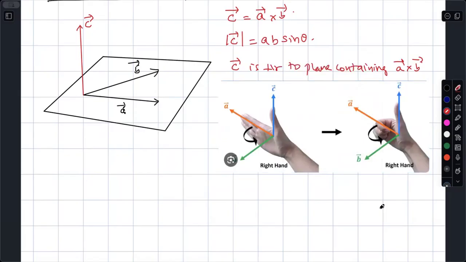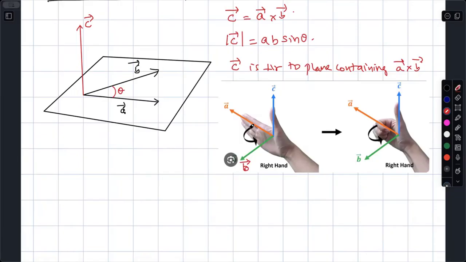Now, first, you take the right hand palm in a shake hand mode. Set it along A bar direction. Turn the four fingers towards the B bar direction. This is A bar and this is B bar direction. Then the thumb represents the direction of C bar. Here theta represents the angle between A and B. This is how the cross product is defined.